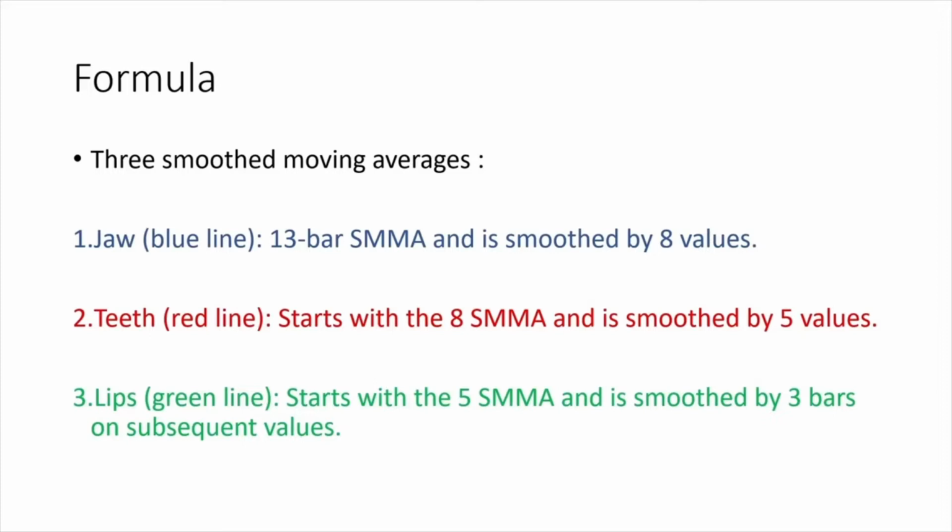The indicator uses 3 moving averages. That's why I have done another separate video for moving averages, because if you are a newbie in trading, it's very important to understand what a moving average is, what a smoothed moving average is, weighted, typical prices and so on.